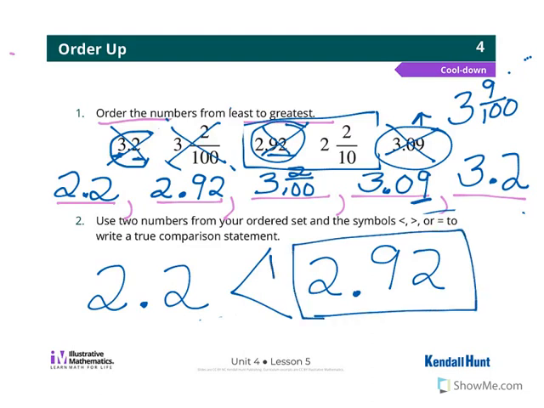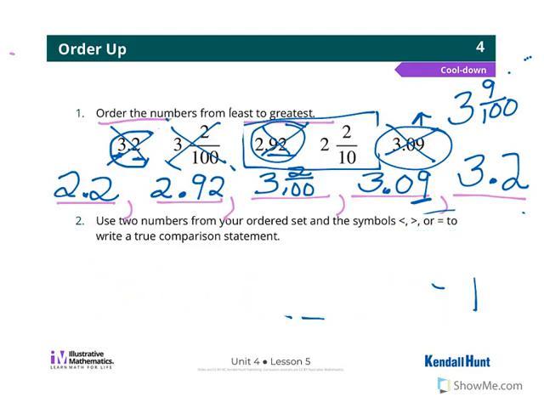Think of it just like Jaws or an alligator. He's going to eat the bigger one, okay? So basically you had to just use 2 of those numbers. It could have been any of them, and you had to compare.